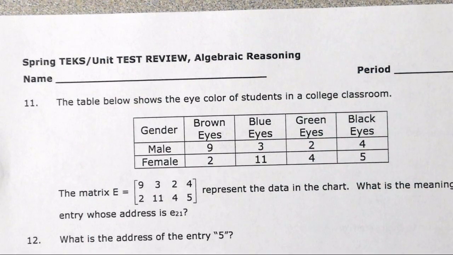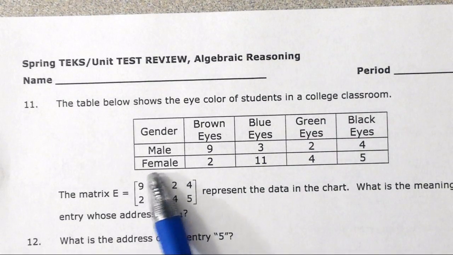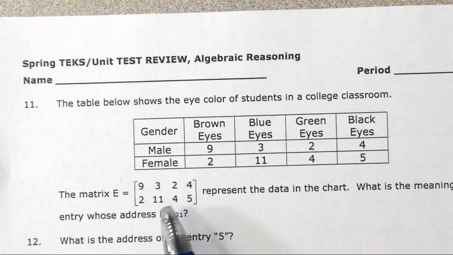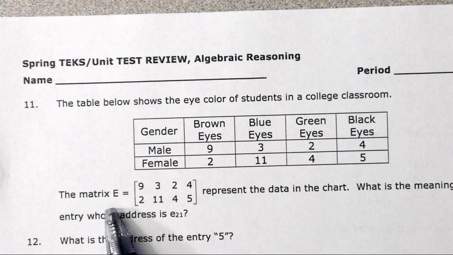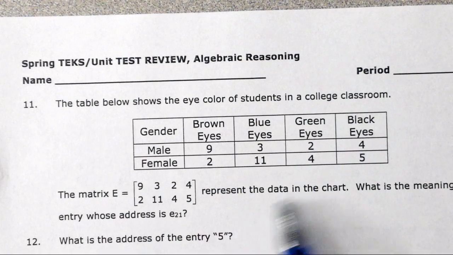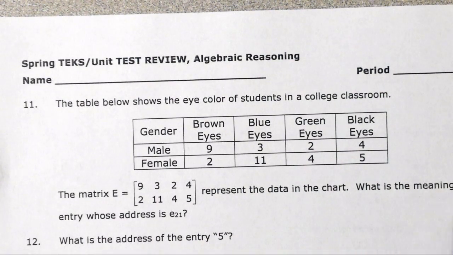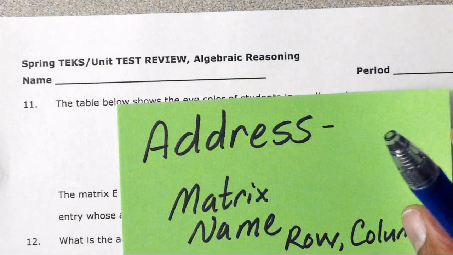So on this very first problem, we're given a table, and they converted the table of data to a matrix, and they named it matrix E. This represents this table. What is the meaning of the entry whose address is E21? Well, first we have to understand what is an address. Let's think back.